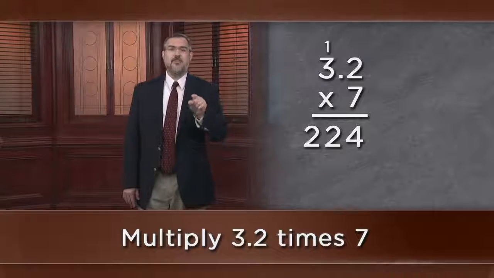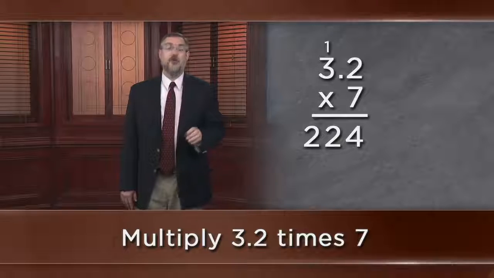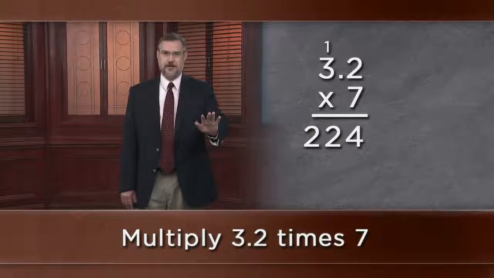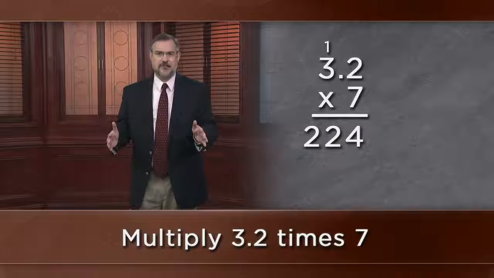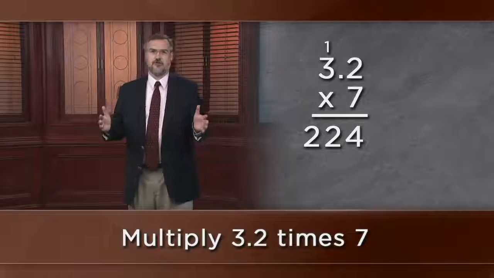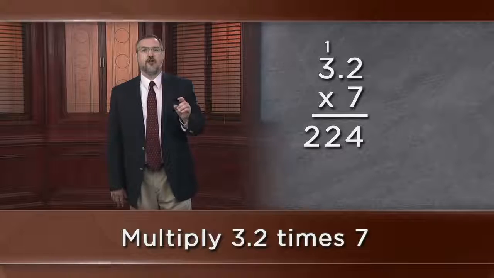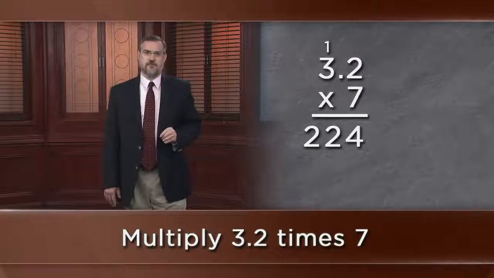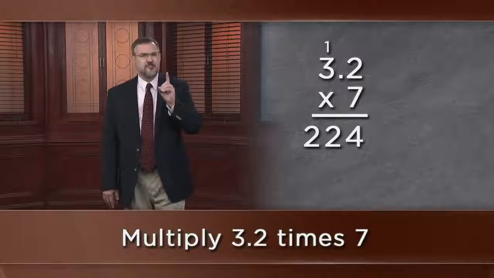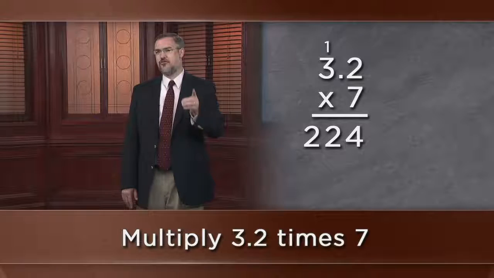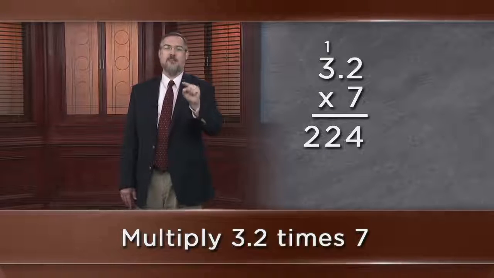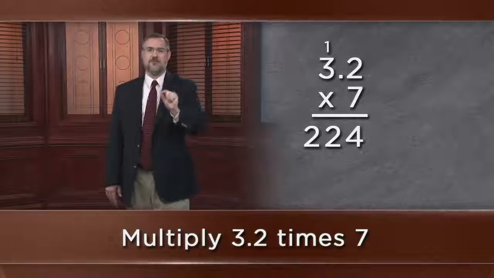But right now in the answer section of the problem, we have 224. That is way too big. So why is it the case that we have such a big answer at this point? Well, it's because we have one more step we need to perform in order to finish the problem. Remember, there's a decimal point that we said we could ignore at the beginning of the problem anyway. Well, now we need to bring that back into the answer.